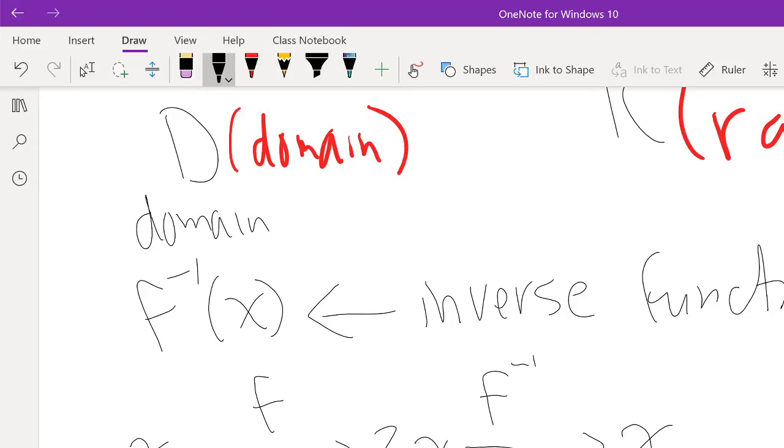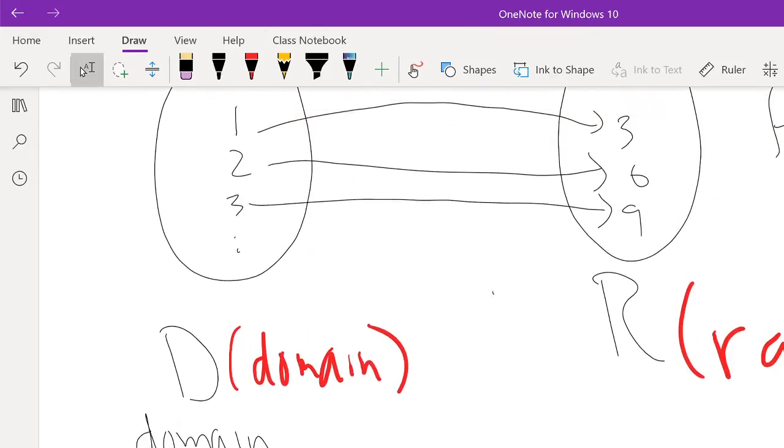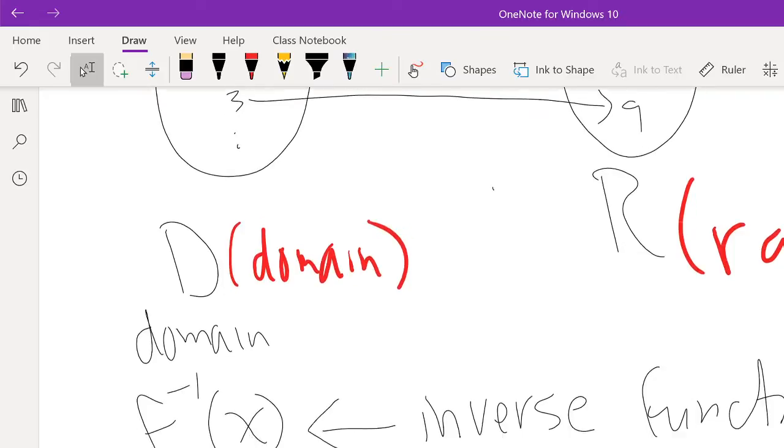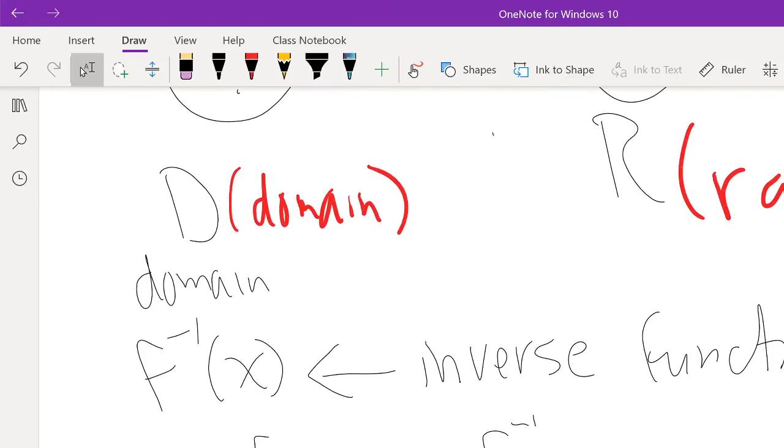If I'm multiplying by 3, the inverse of x would have to be x over 3. So abstractly, the machine f does something, and the inverse essentially undoes what was initially done.